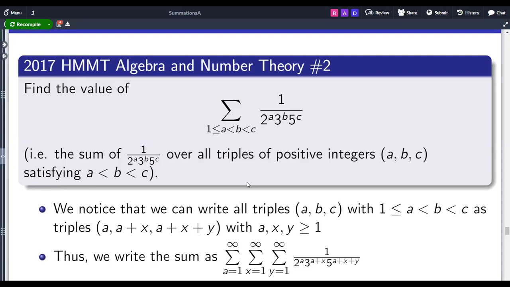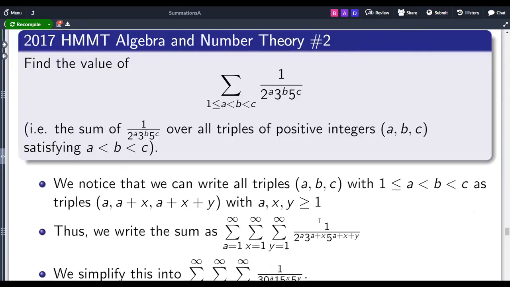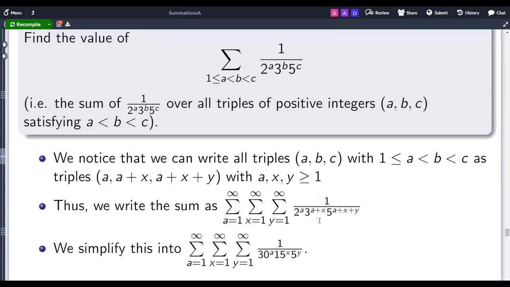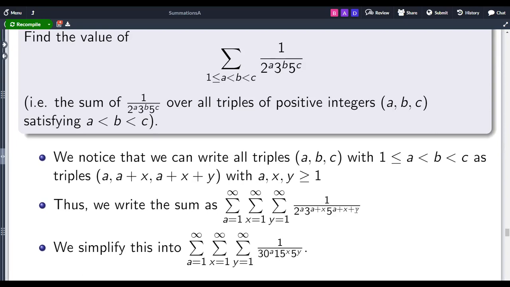So what we will do is simplify it, basically combine all the exponents and group them by their variable. So we put all the A's together, all the X's together, and all the Y's together. And then this is a lot nicer, because this is basically exactly what we are able to factor.